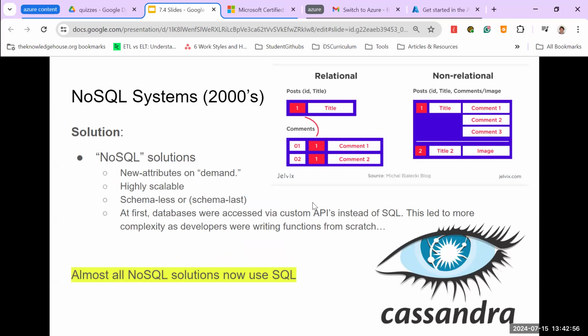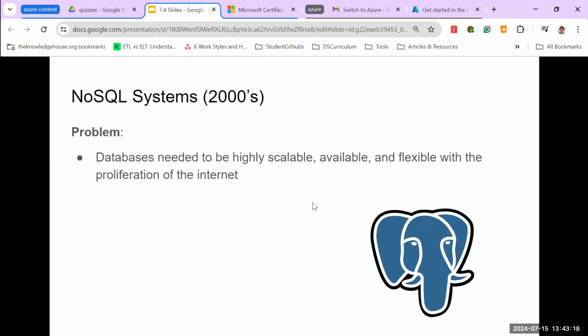But essentially, what eventually happened is that NoSQL solutions adopted the ideas of SQL. In fact, I think we could say that SQL was integrated into NoSQL, or vice versa, NoSQL was integrated into relational database systems. So essentially, everyone, I hope you all noticed the pattern.